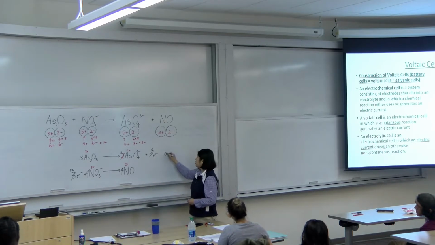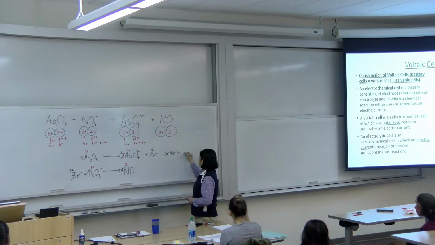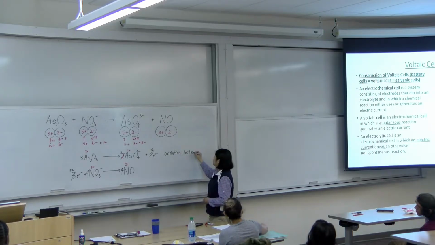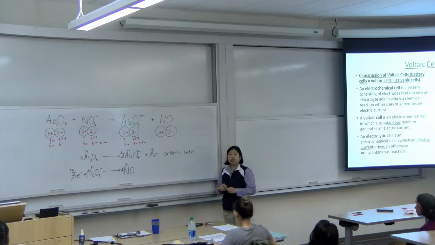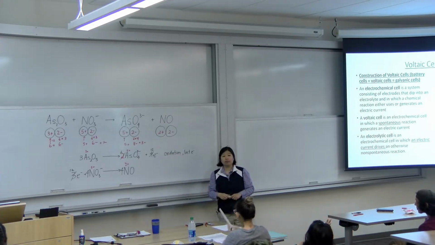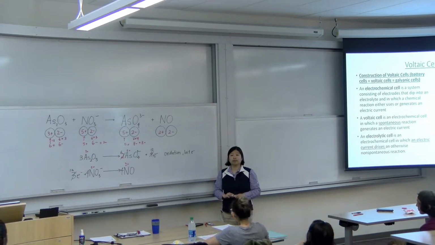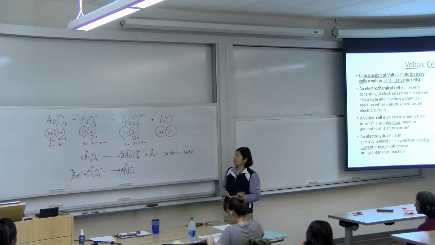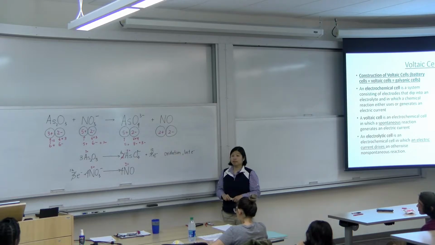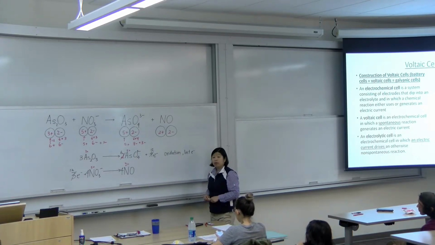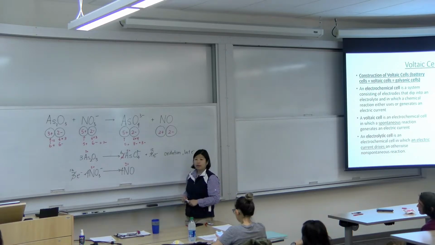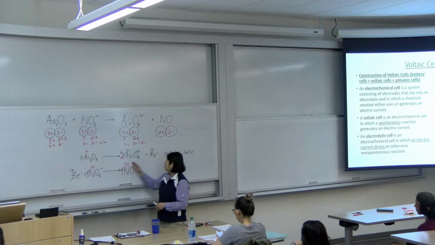This is the oxidation because it has lost electrons. How do you know that this is the oxidation and has lost? You are correct. How did you figure that out? Just by looking at the charges. I saw that 3 plus became 5 plus, so that tells me that it lost electrons.